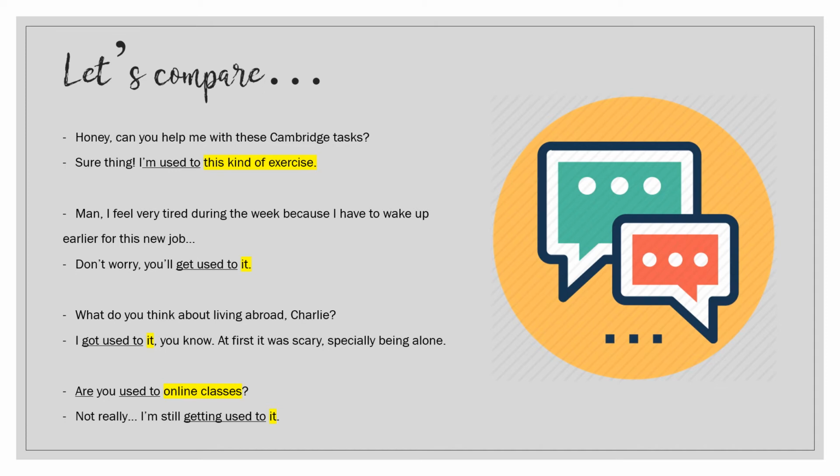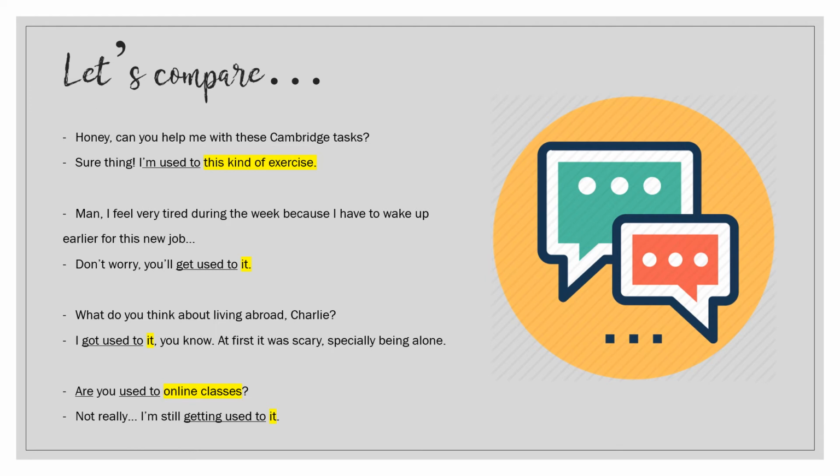It means the first person is not used to it. It's kind of being hard to get used to it, you know? But the man says, no, you will get used to it. It means that now the first person is trying to make it part of his or her routine, okay?